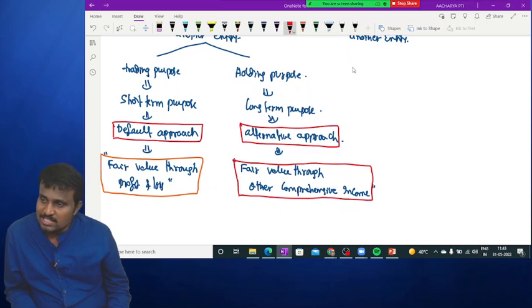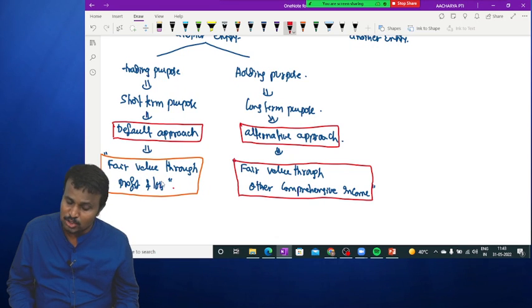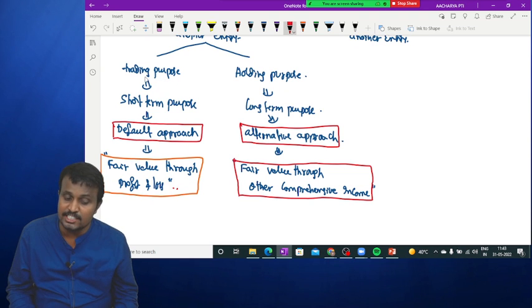I hope you are clear about the accounting relating to those elements, right? So in case of short term or fair value through profit and loss, it means equity shares of another company purchased by the entity for trading purpose.